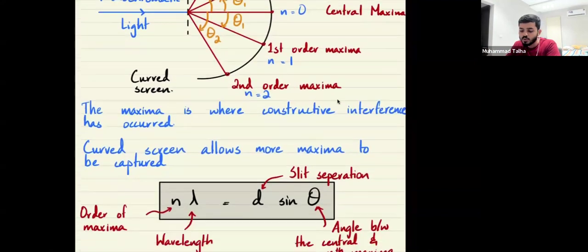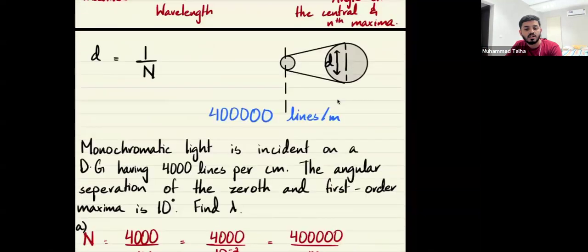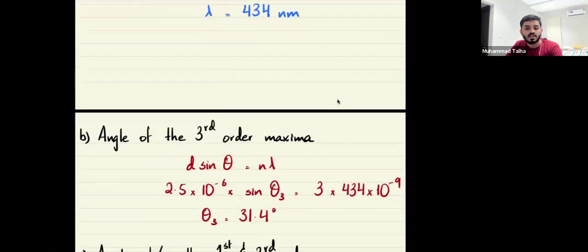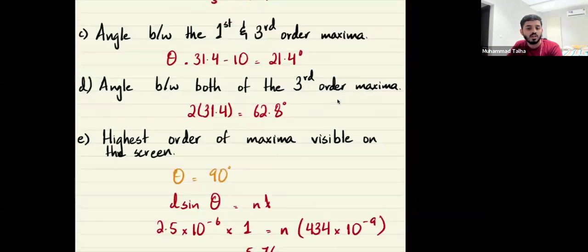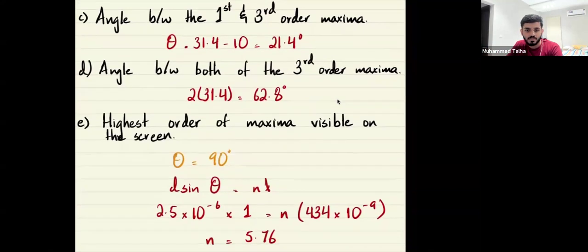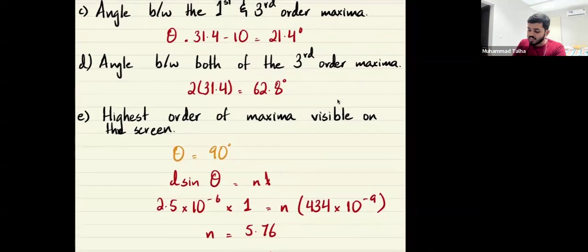So you need to substitute theta as 90, which, if you know math, makes sine theta is 1, and then you just solve for n, right? But n turns out to be, for example, in this case, 5.76. Always remember that this value of n will always be rounded down, not rounded off.